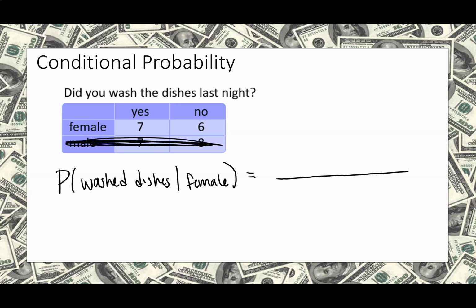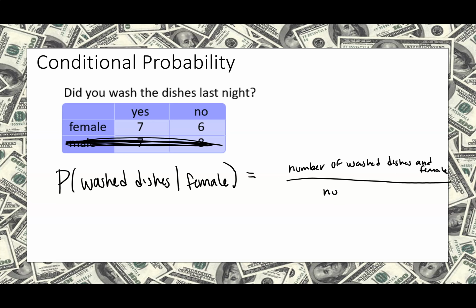Well, from our formula, we know we want the number of washed dishes and female. Probability of washed dishes and female divided by the number of females.